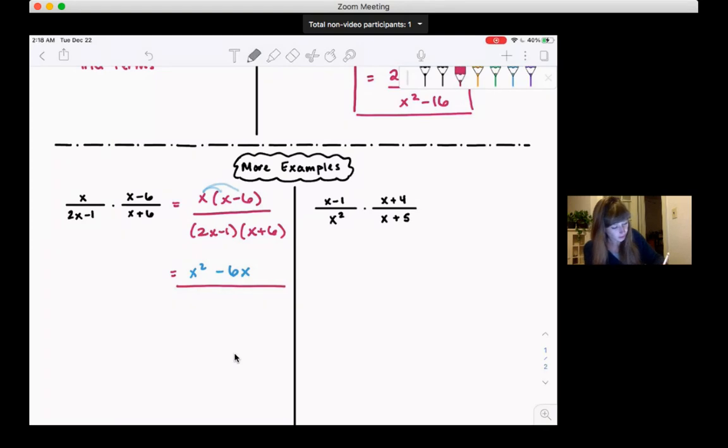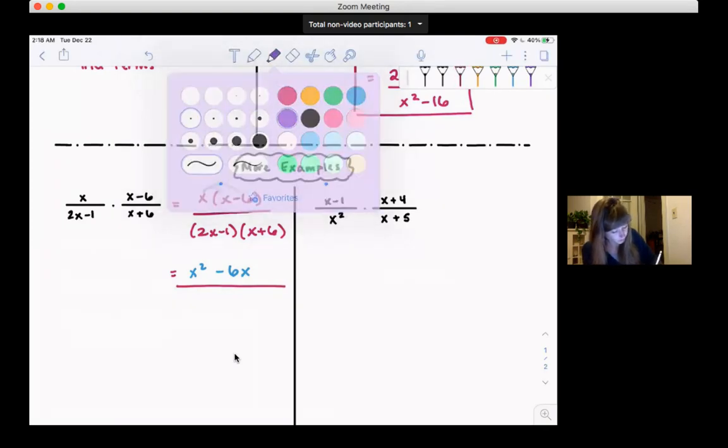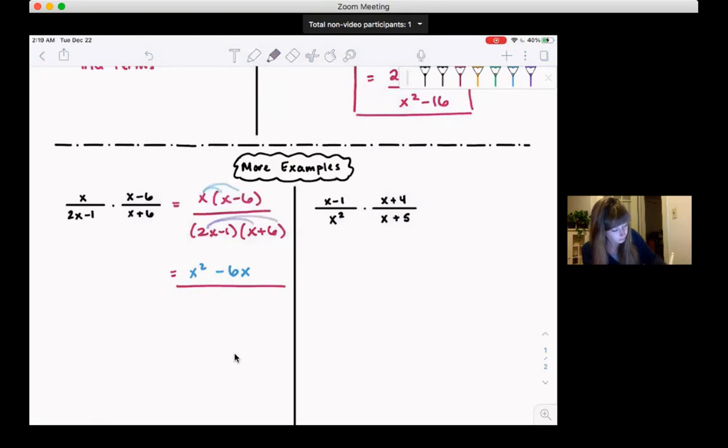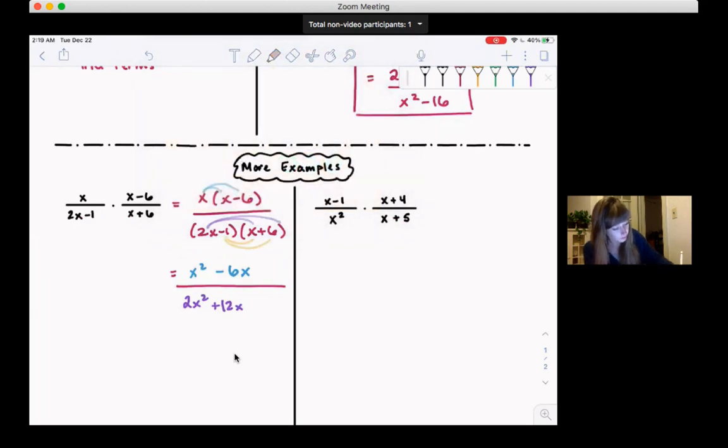And then in the denominator, we'll distribute the 2x. So that gives us 2x squared, and then 2x times 6 is 12x. And then we will distribute the minus 1. So we get minus x and minus 6. So that's the multiplication part.